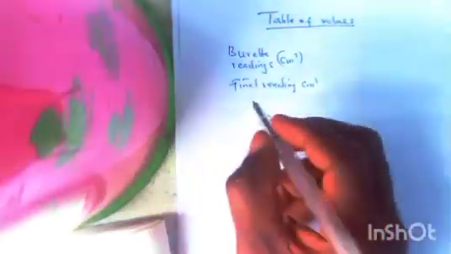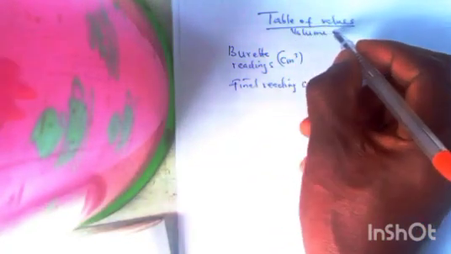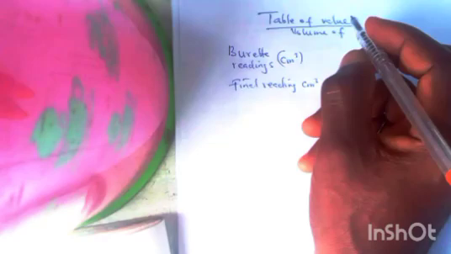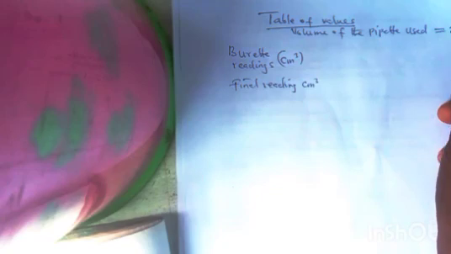These are the units of volumes: the volume of acid and the volume of base used. The volume of the pipette used: we are using a 25 centimeter cube pipette, which is the same as 0.025 dm cube. So this is the volume of the pipette.